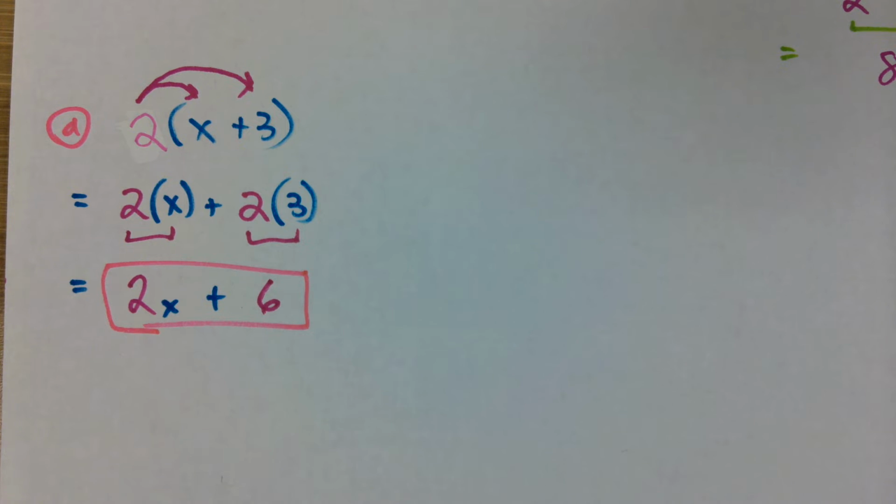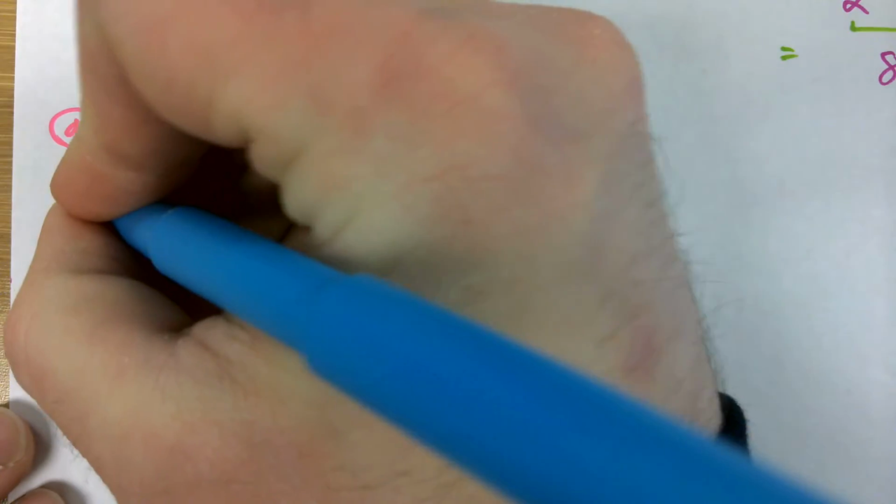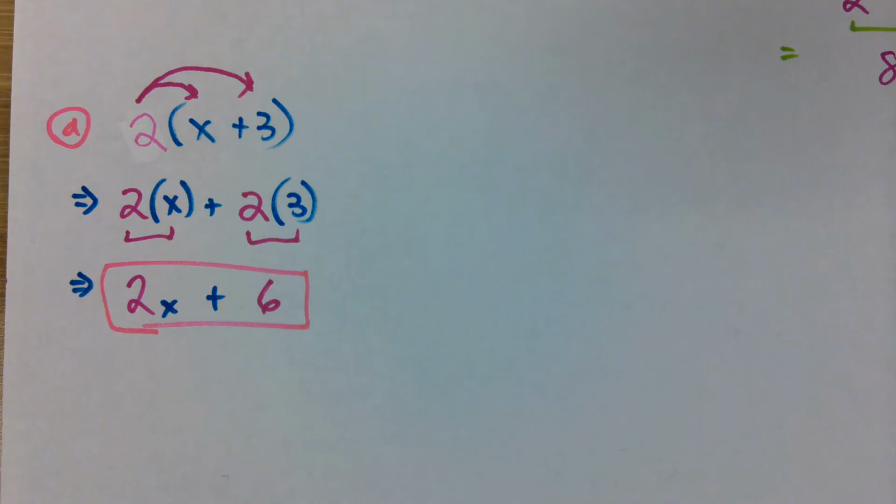We successfully distributed that 2 to each term in our expression. Remember, when we're simplifying expressions, we're not looking for an x equals blank because there's no equal sign at all, right? This equal sign is more just this is the next step. That's usually when I do an arrow with the equal sign.